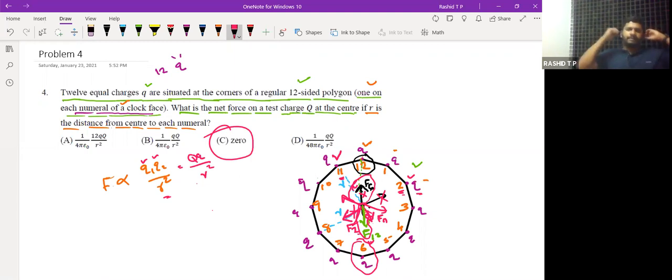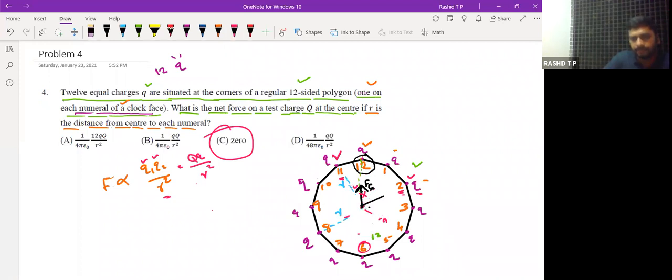Okay, there was one interesting question. Suppose one of the 12 Qs, the one at 6, is removed. There are 12 charges in the clock, but the one charge placed at 6 is removed. There is no charge here.